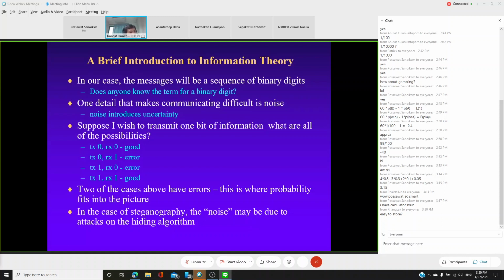Because we only have two types of symbol, right? 0 and 1. So that could make it easy to store. Just like if you have only two things, you can create the storage that only keeps those two different things.